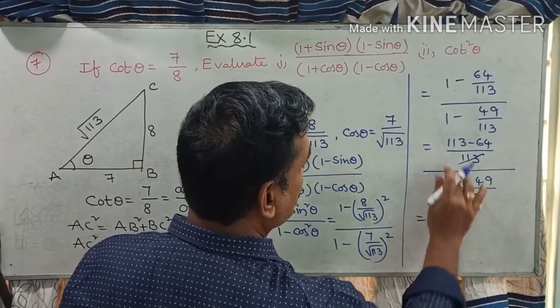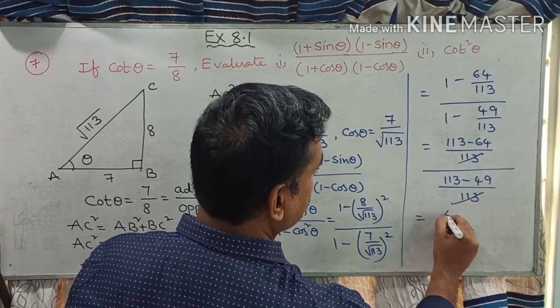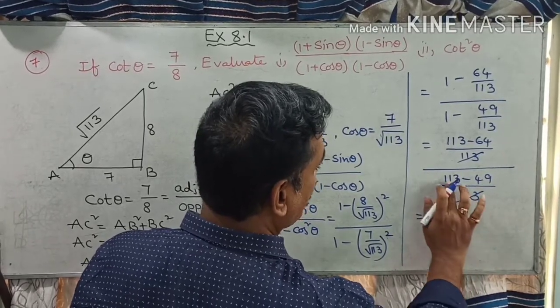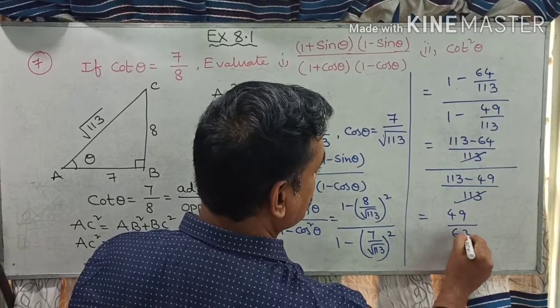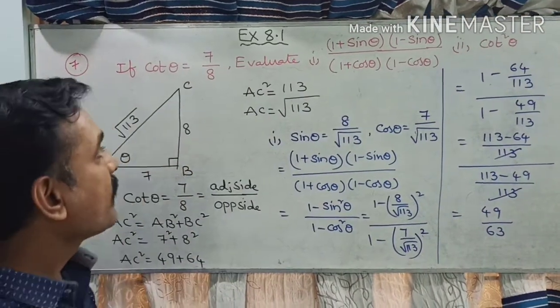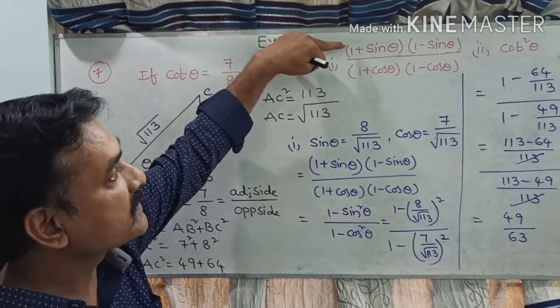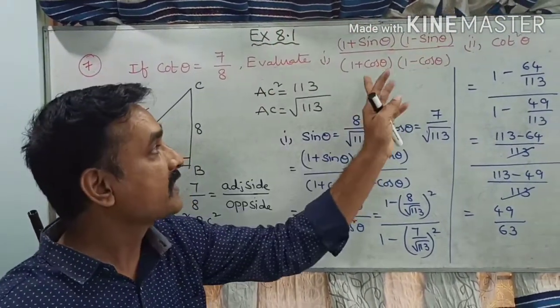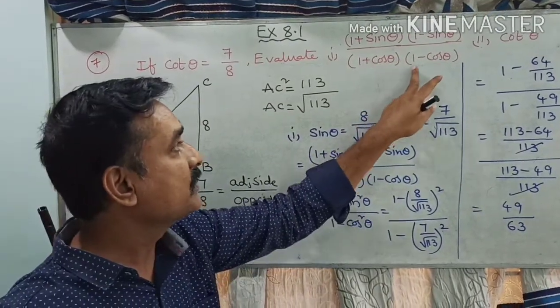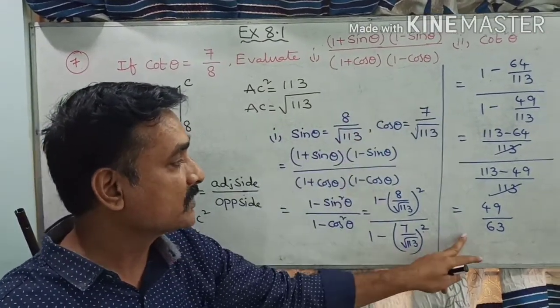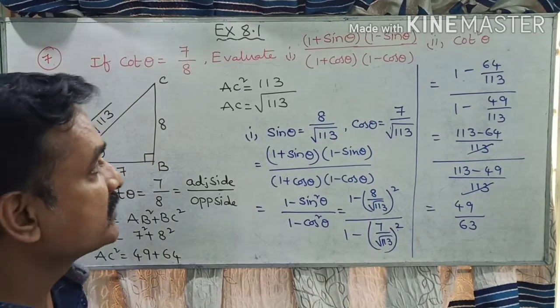Both 113s cancel. 113 minus 64 is 49, and 113 minus 49 is 64. Therefore, the value of (1 plus sin theta)(1 minus sin theta) by (1 plus cos theta)(1 minus cos theta) equals 49 by 64.